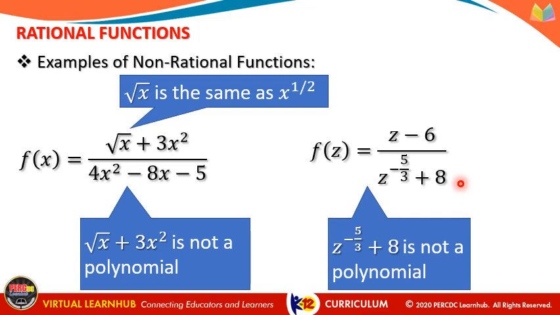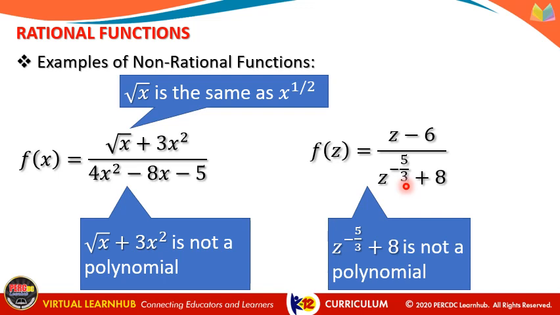Later, actually makikita natin, hindi porket negative yung exponent, hindi na siya rational function. So, later, makikita naman natin yon. Pero, kapag let's say fraction yung ating exponent, automatic, hindi na ito polynomial. Anyways, we'll go in-depth later.